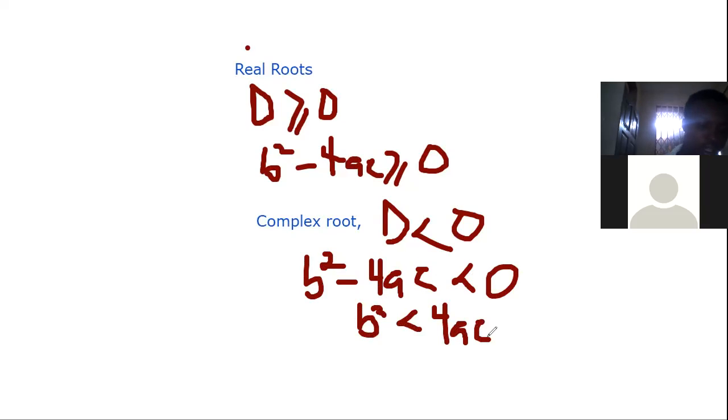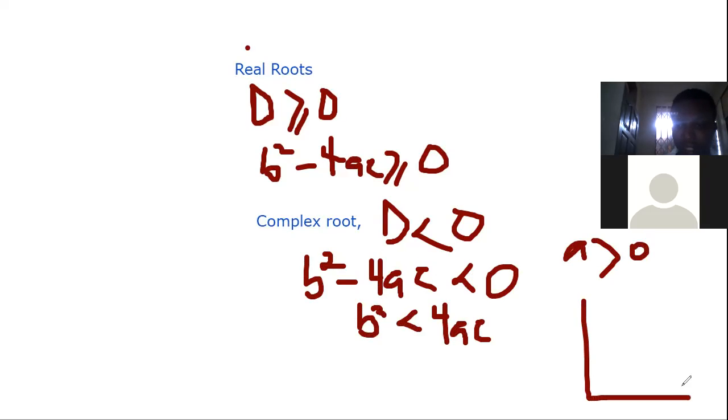So in this case, if you have to draw a graph, if a is greater than 0, then your graph is going to be something like this. Here's x.